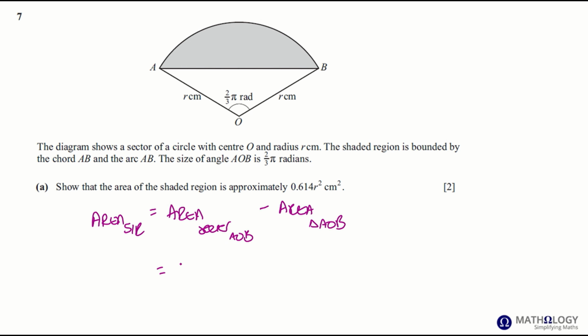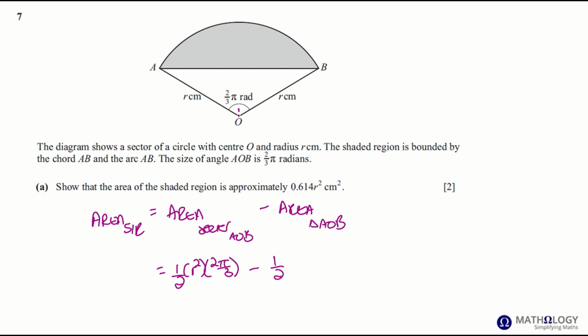The area of a sector is a half the radius squared times the arc angle. So the area of sector AOB will be a half r squared times the sector angle, which is 2 pi by 3. Okay, then minus the area of triangle AOB.